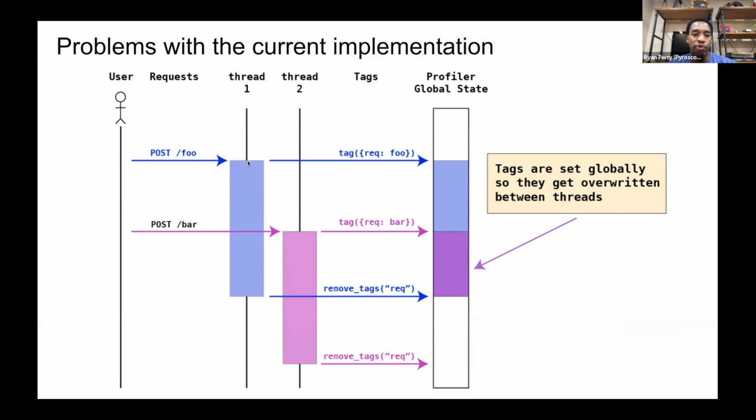If thread 1 is working on the foo request and you tag it as such, right now the profiler tag state is global.